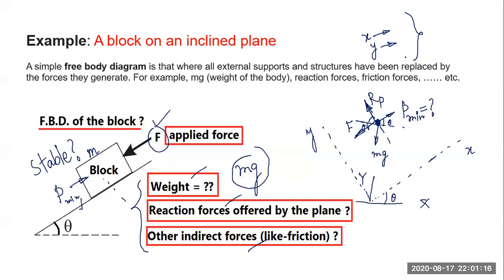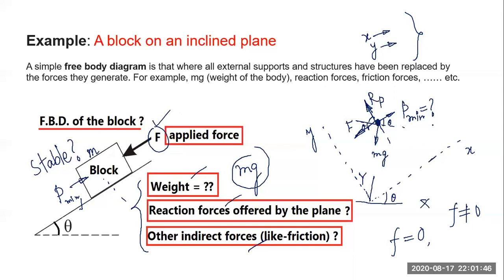Now, if the floor or the plane is a smooth plane, then the friction force is zero because it will offer no friction. But if the plane is not smooth, it is rough, so the friction force cannot be zero. There will be some friction force. If the block is tending to slide down, the friction force will be against the motion.